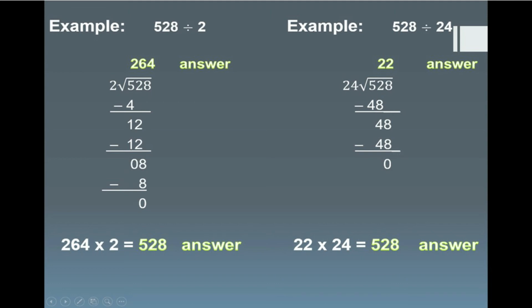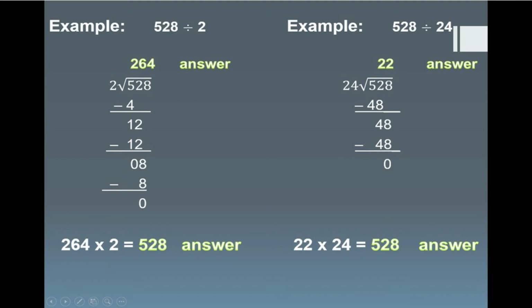So because we have a 2-digit divisor, we automatically need to group the first 2 digits and ask, how many 24's will make 52? Multiples of 24 are not on our multiplication table. Instead, we have to figure it out by estimating or good guessing.